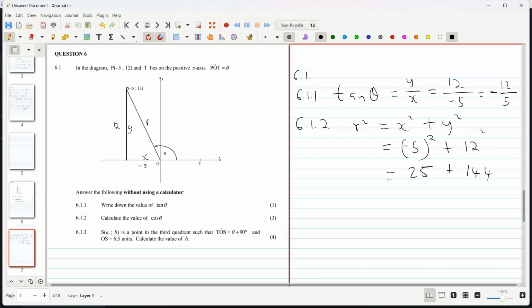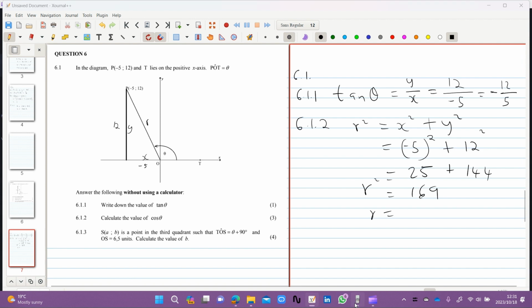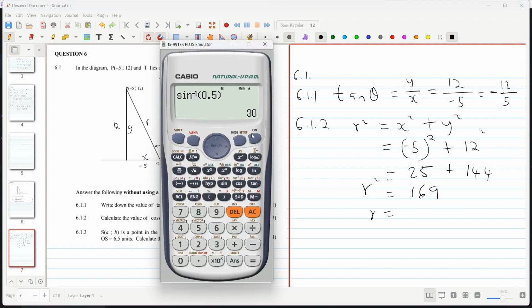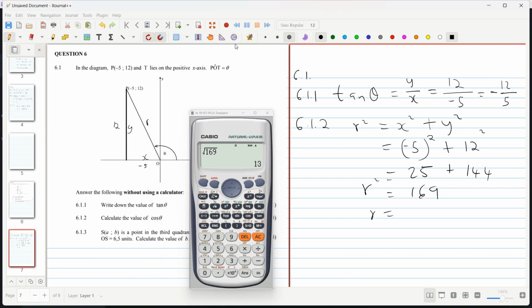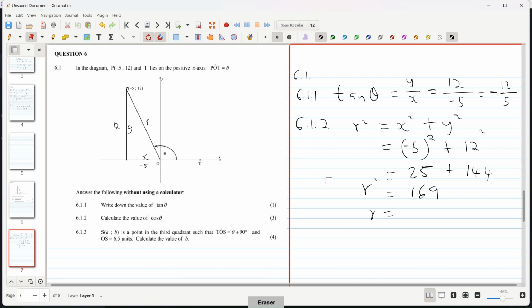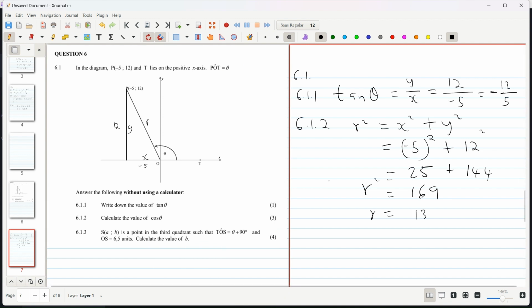When we add this, we get 169, which equals r squared. The square root of 169 is 13, so 13 is our value for r.